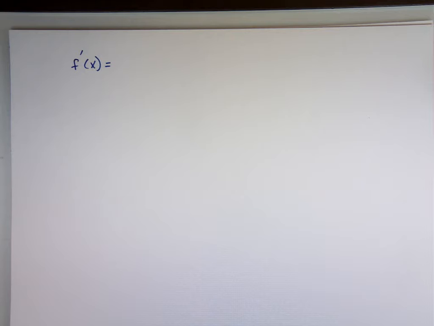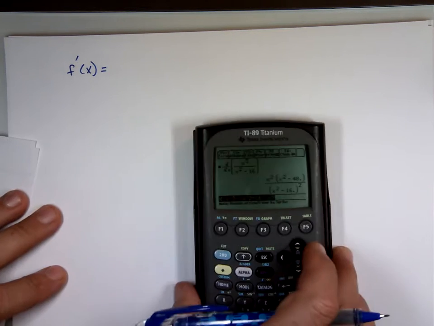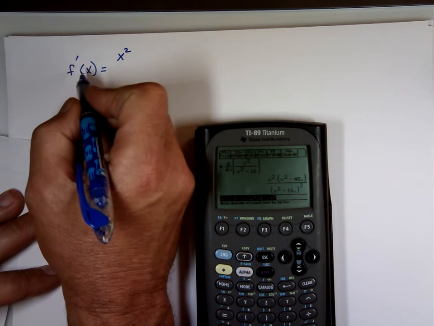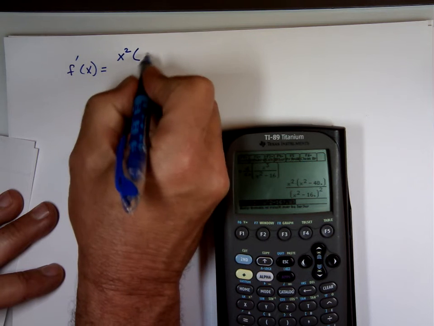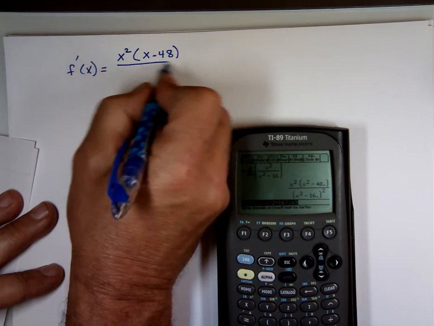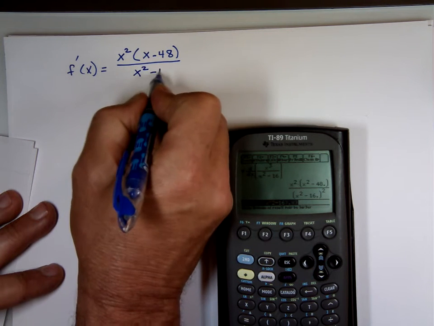And here's my calculus: the derivative of x cubed over x squared minus 16 is, they were nice to me, they factor it out. It says x squared times x squared minus 48 over x squared minus 16, squared. Can you see that on the screen?